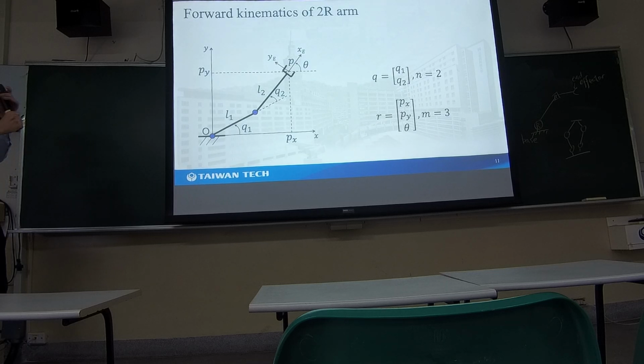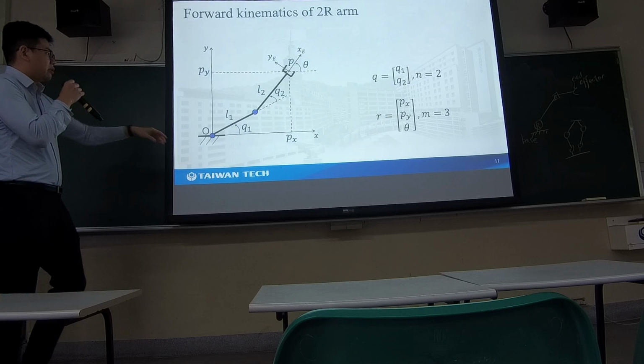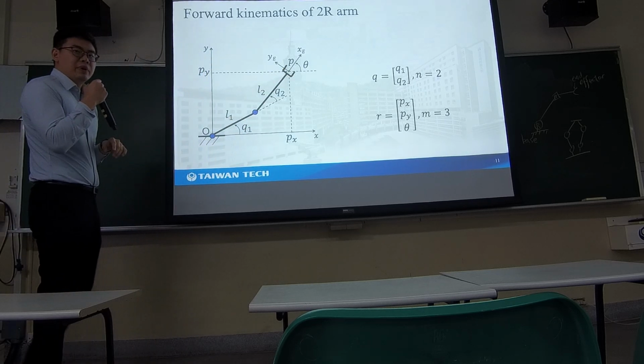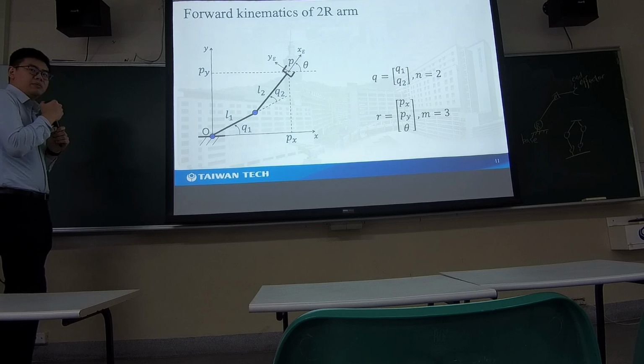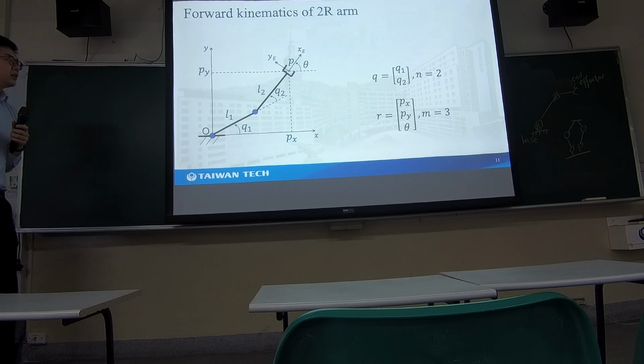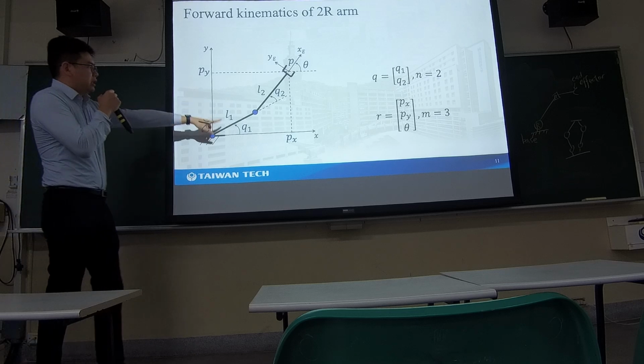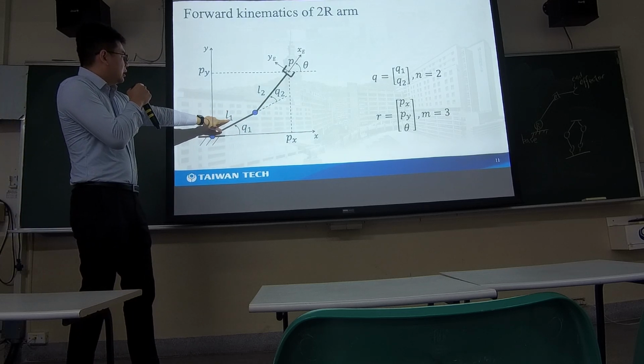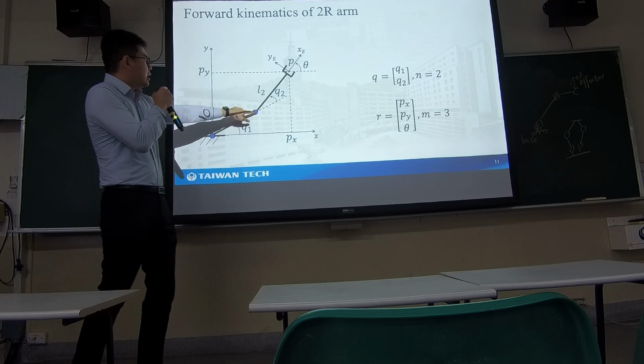So let's try the first one: how to calculate the position of P. I think this is a very basic problem. You can try it. The input is Q1, Q2, and you also have the lengths of link 1 and link 2.